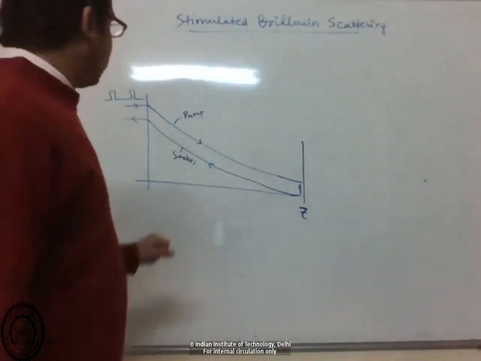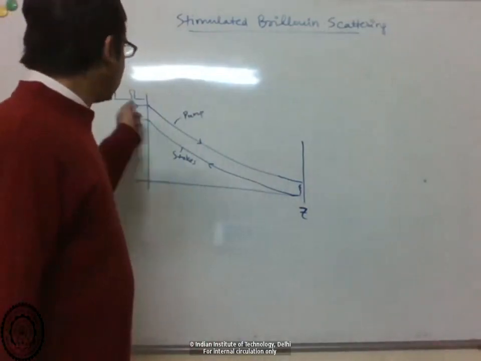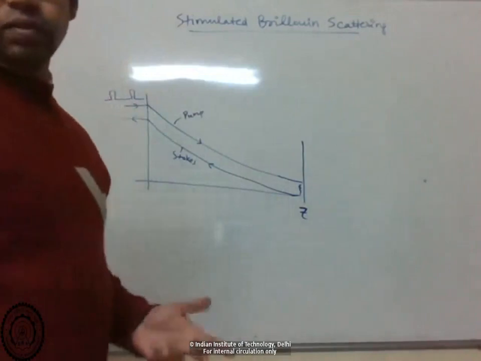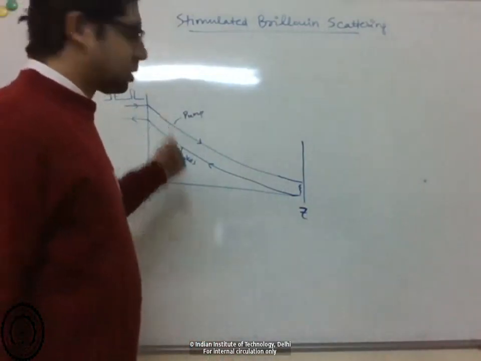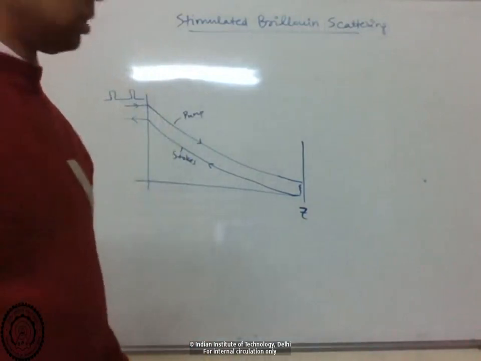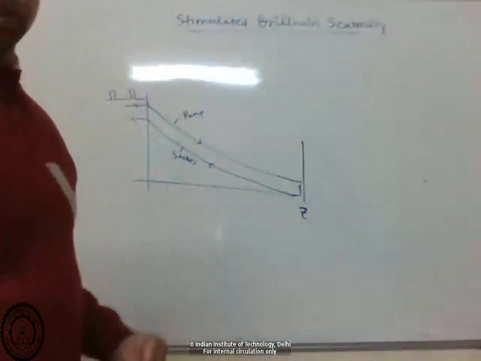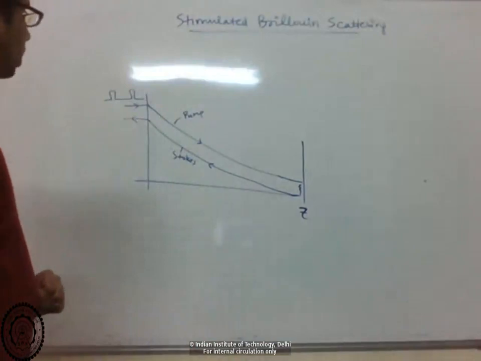So we'll see now that if the pump is not monochromatic, if it has a certain bandwidth, then we can reduce the efficiency of this backscattering.